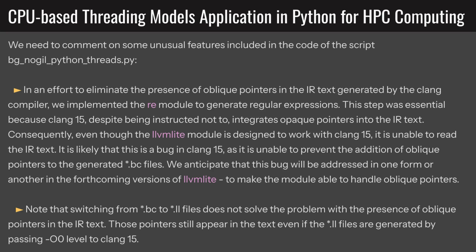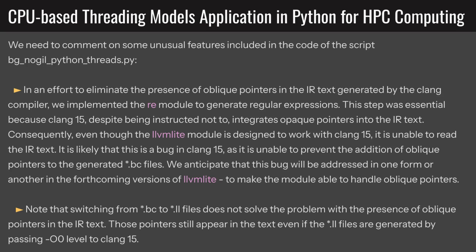Consequently, even though the LLVM Lite module is designed to work with Clang 15, it is unable to read the IR text. It is likely that this is a bug in Clang 15, as it is unable to prevent the addition of opaque pointers to the generated .bc files. We anticipate that this bug will be addressed in one form or another in the forthcoming iterations of LLVM Lite.